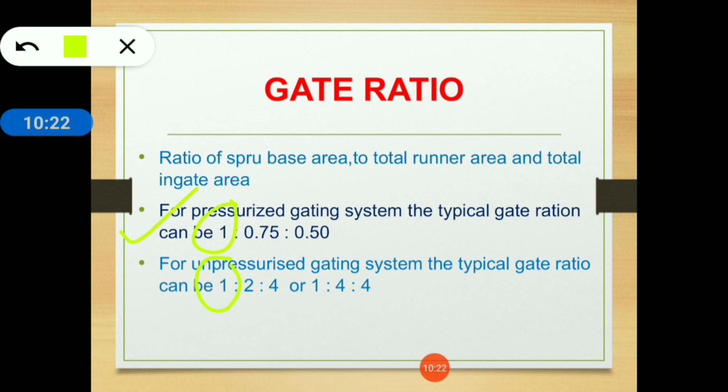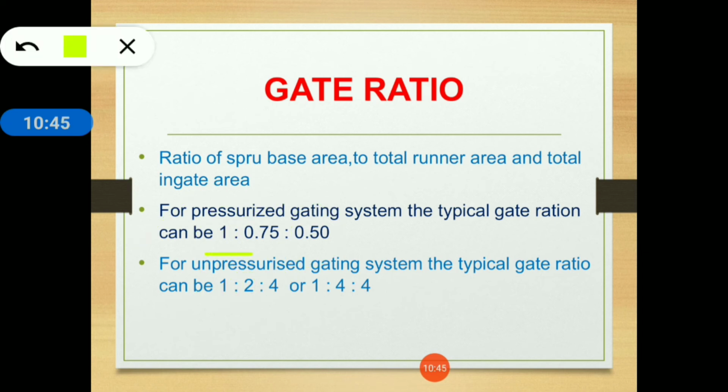Then in the pressurized system, all the further areas, meaning total runner area and total in-gate area, will be reduced, to 0.75 and 0.5 respectively. While in the unpressurized gating system, both the total runner area and total in-gate area will be increased, suppose 2 and 0.4.